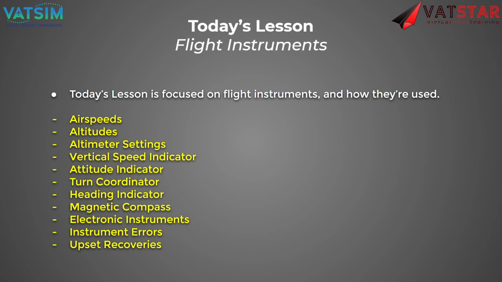The main sections we're going to go over: airspeed, altitudes, altimeter settings, vertical speed indicator, the attitude indicator, turn coordinator, heading indicator, magnetic compass, and some electronic instruments, which we'll talk about slightly. We're also going to talk about some of the instrument errors and upset recoveries and how you can perform that using your instruments. All right, so let's move on.